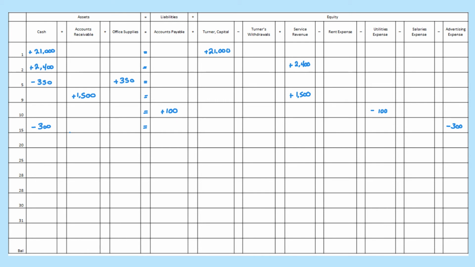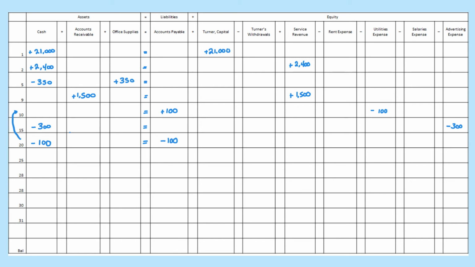On December 20, paid utility invoice received on December 10th. I paid, so my cash will go down. Okay? And the amount is 100. Okay, so this one is related to this transaction. And I paid my debts, I paid my liabilities, so my accounts payable will go down. As you can see, your accounting equation still balanced.